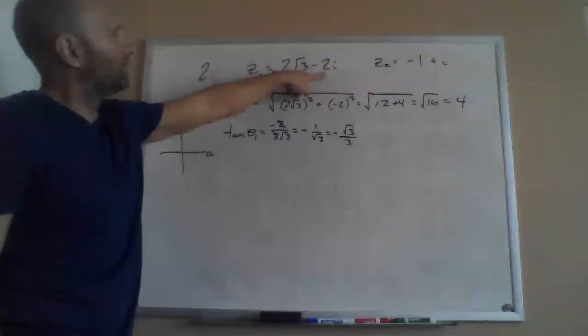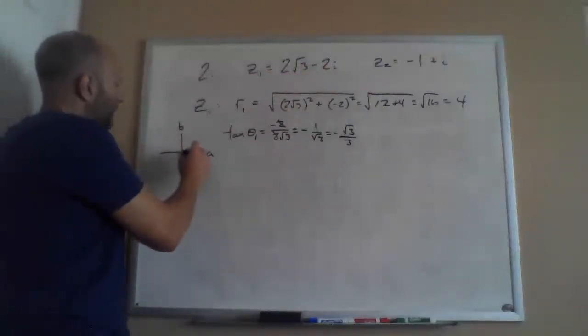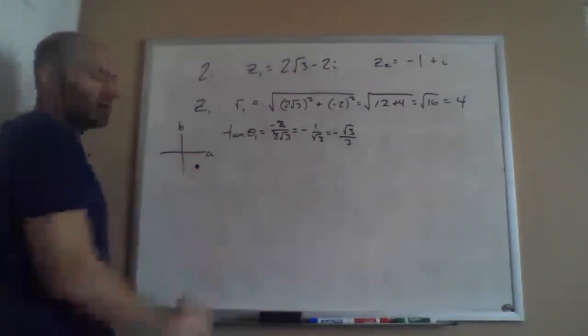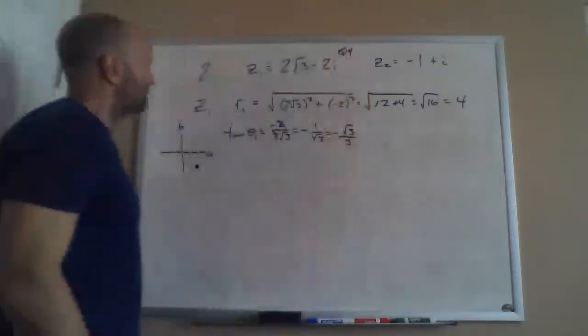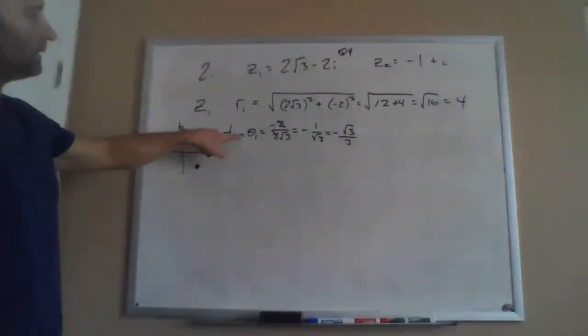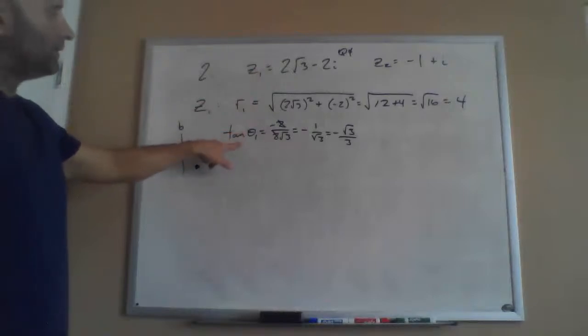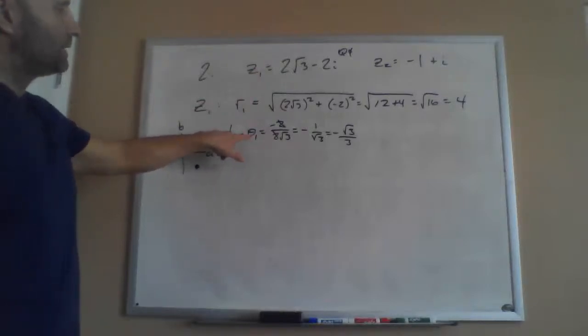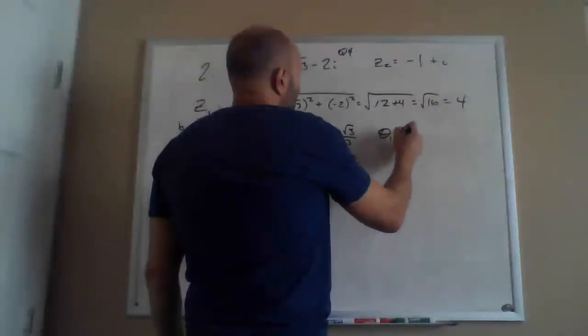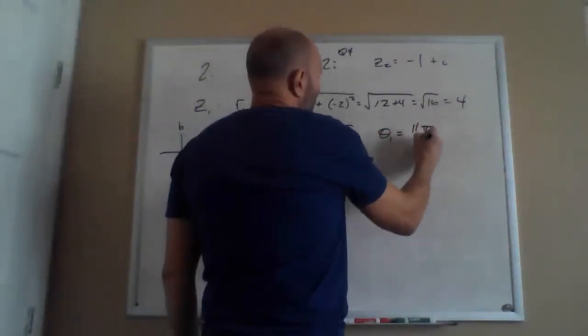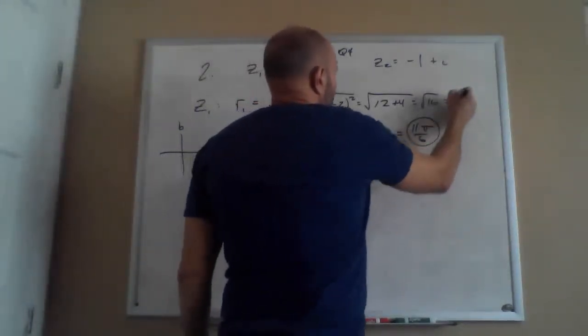So A is positive, B is negative. So I'm down here in quadrant 4 for this guy. So where in quadrant 4 is tangent of theta equal to -root 3 over 3? That's when theta is equal to 11 pi over 6.